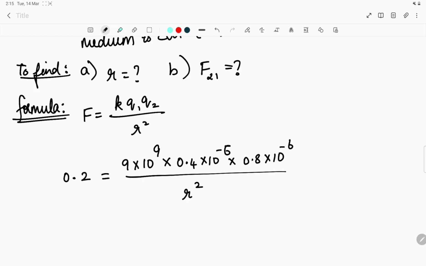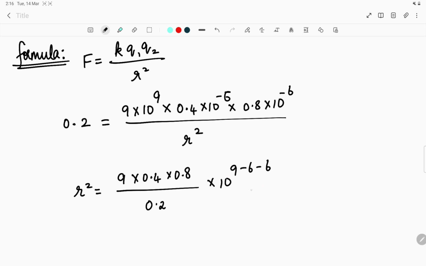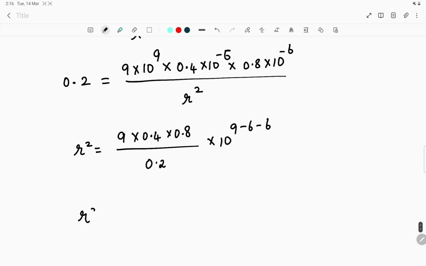That is what is asked, isn't it? So here R square is equal to, can you multiply all these? Let me just write 9 into 0.4 into 0.8 divided by 0.2 multiplied by 10 to the power of 9 minus 6 minus 6. So now R square is equal to, what can we solve here?